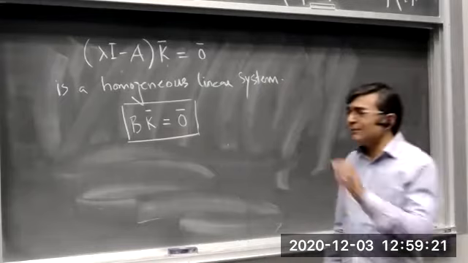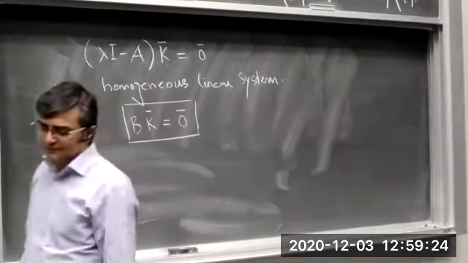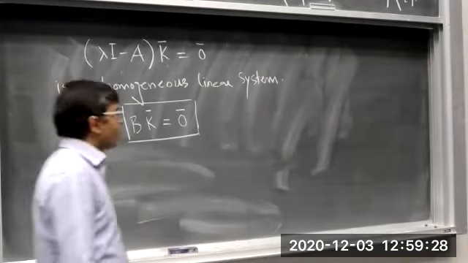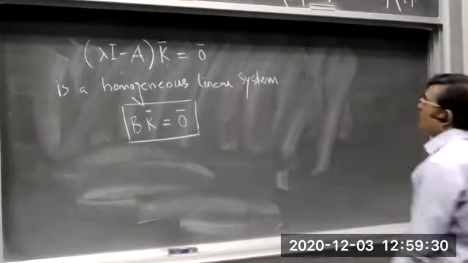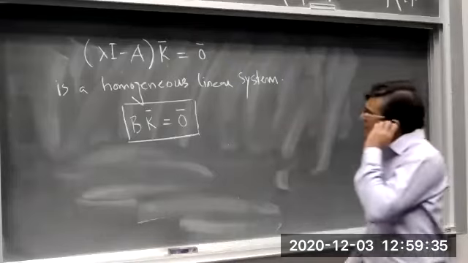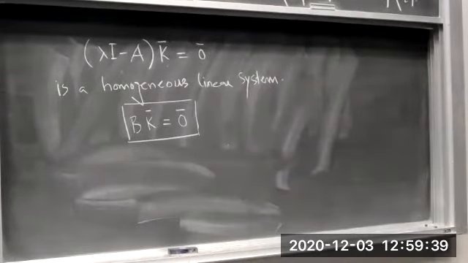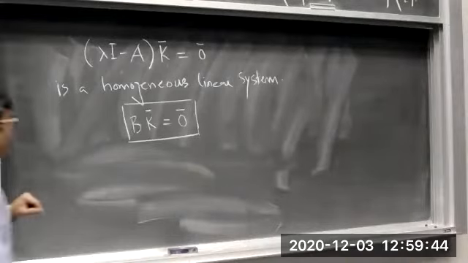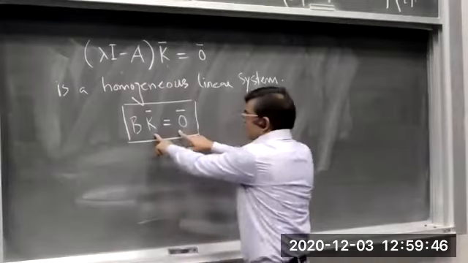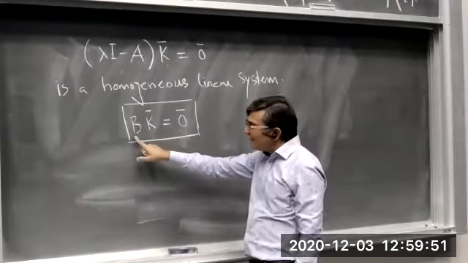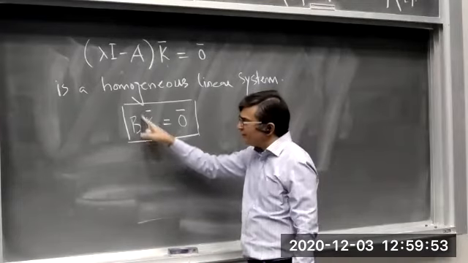When do non-trivial solutions of any homogeneous linear system exist? Anyone? Yes, when its determinant is 0. Determinant of what? In this case, if the determinant of B, the coefficient matrix, is 0. If you have a homogeneous linear system, then it must have non-trivial solutions only if this B is a singular matrix.